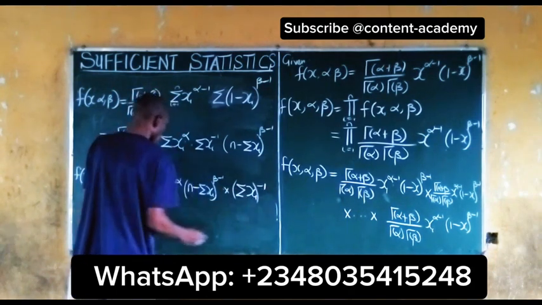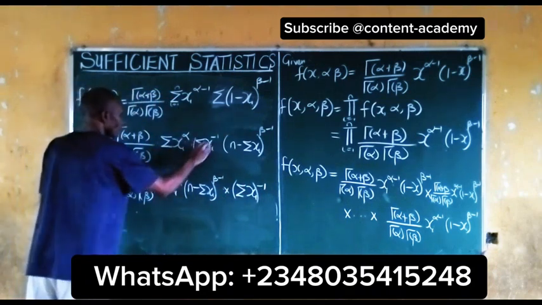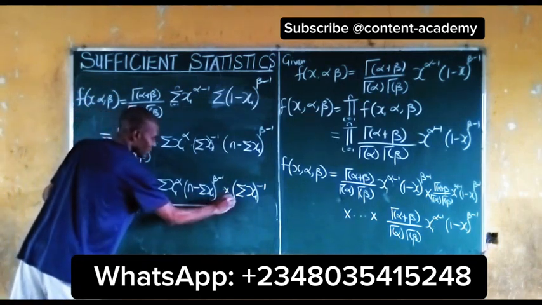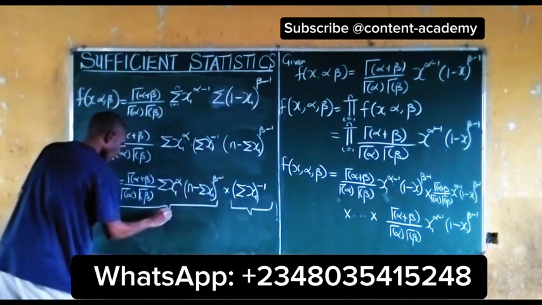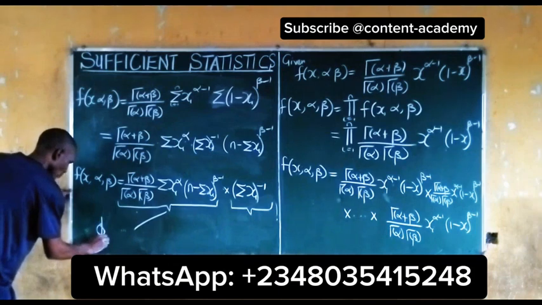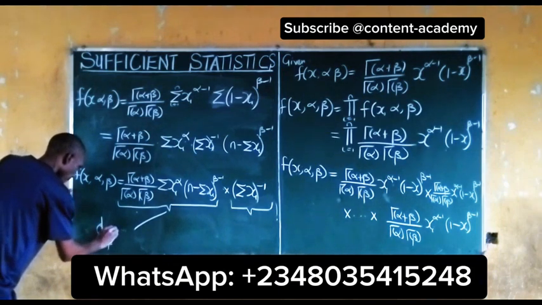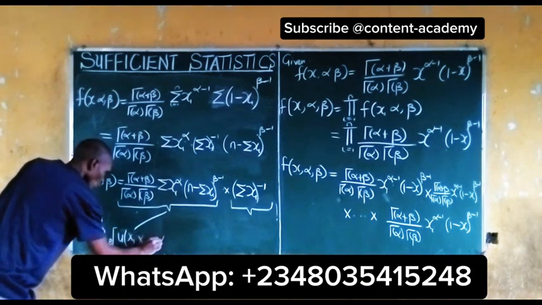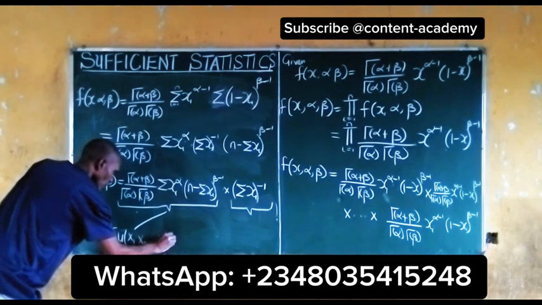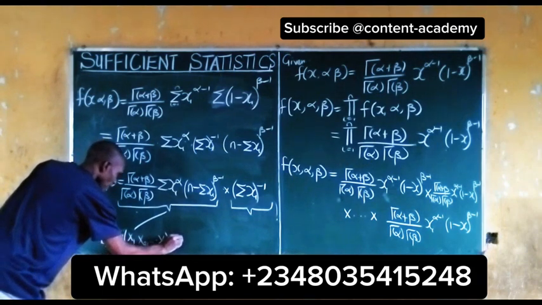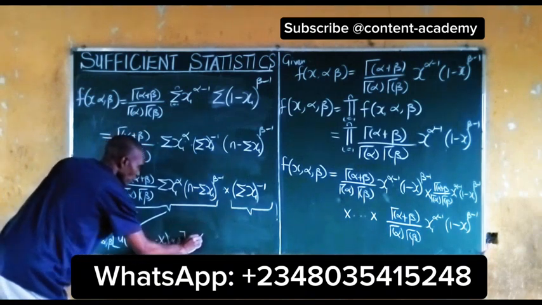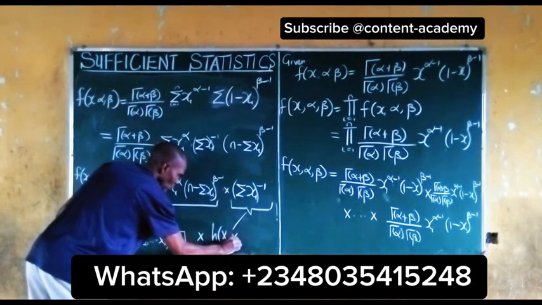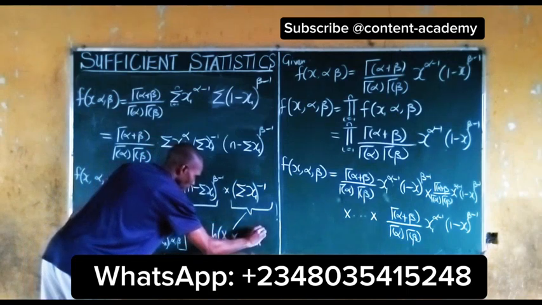Of course, the whole of this function can be written as phi of alpha, beta, u of x1, x2 to xn, alpha, beta, because it depends on alpha and beta, multiplied by h of x1, x2 to xn.